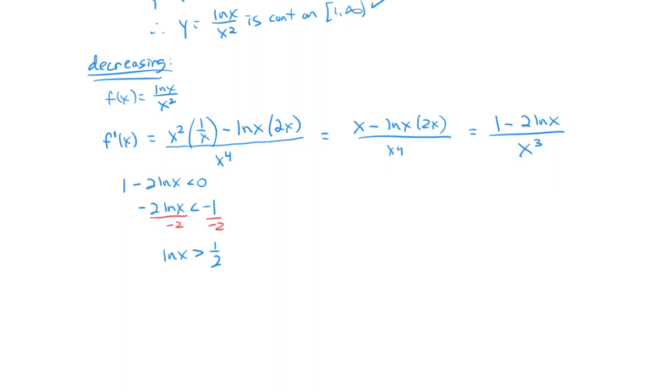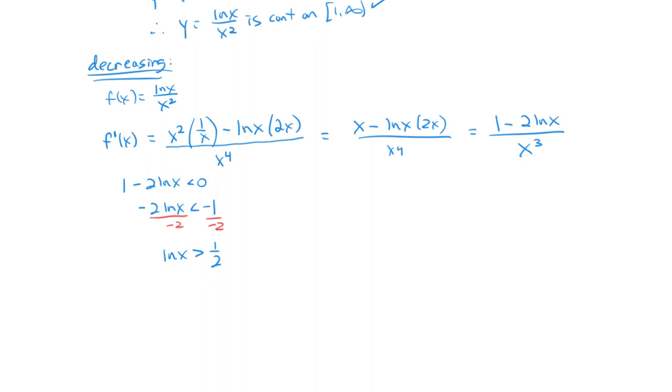And if you remember, the natural log of x is really log base e. So to get rid of this natural log here, sometimes you call it take the anti-log, but basically if this is true, then I could have a base of e here and a base of e here just to get rid of this.